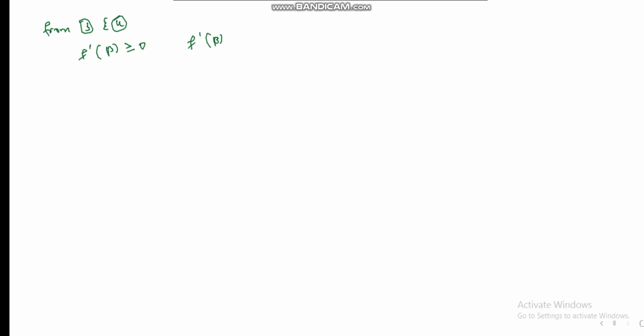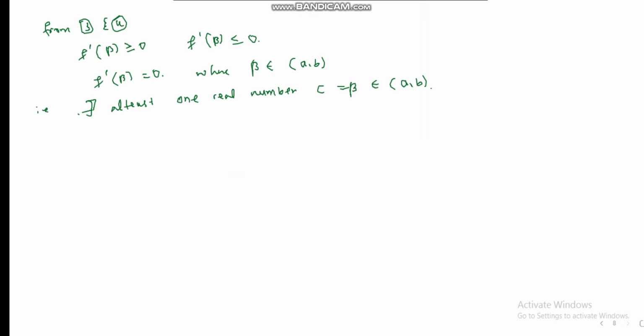Therefore f dash of beta is equal to 0, where beta belongs to the open interval (a, b). That is, there exists at least one real number c equal to beta, belonging to the open interval (a, b). So this completes the proof of Rolle's theorem.